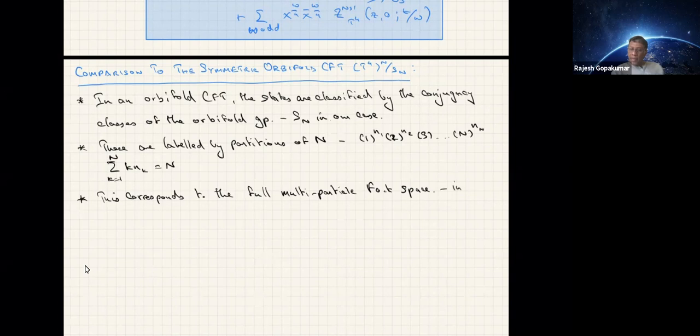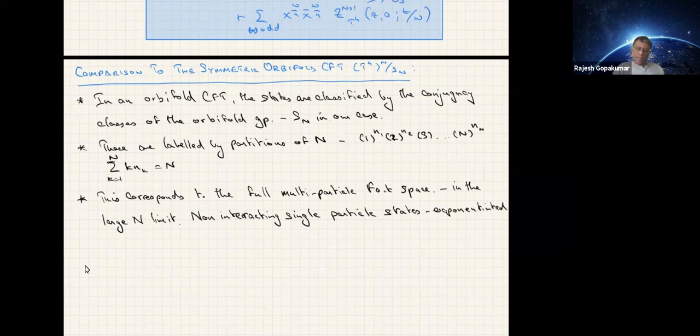In fact, the statement I made in the previous paragraph is true for generic n, but if you go to large n, then this can be viewed as the multi-particle Fock space of non-interacting, or weakly interacting, single particle states, exponentiated in the usual way that you do going from single particle states to multi-particle states. So at n equals infinity, they are non-interacting, and for large n, they are weakly interacting.